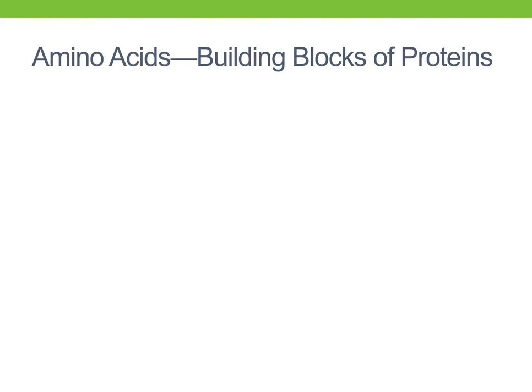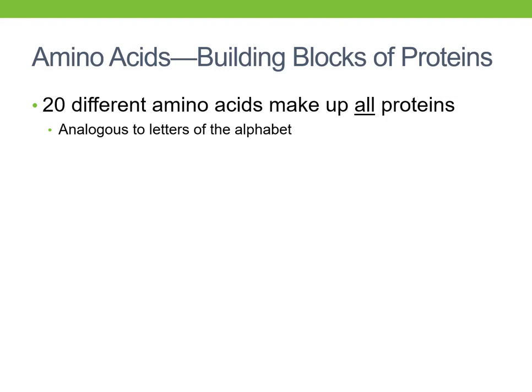Now, as I've mentioned, our amino acids are our building blocks of proteins, and it's important to understand that there are 20 different amino acids that make up all proteins. And I always think of this like the letters of the alphabet, because we know we have only 26 letters in our English alphabet, and yet we end up with literally thousands of different words based off of the combinations that we put those 26 letters into.